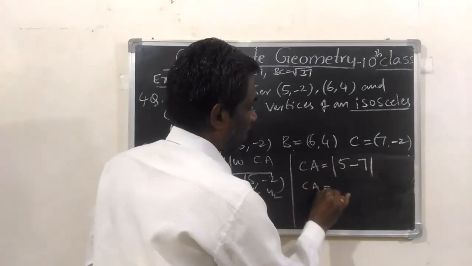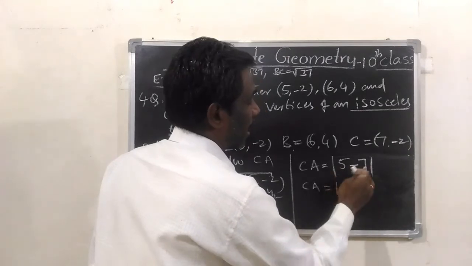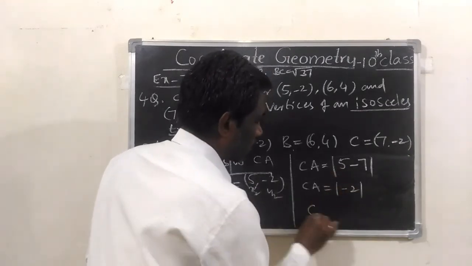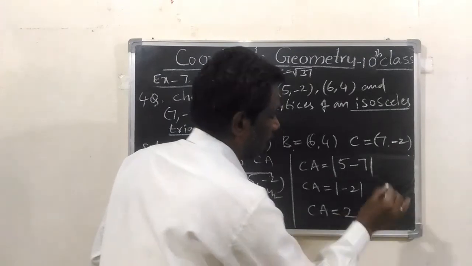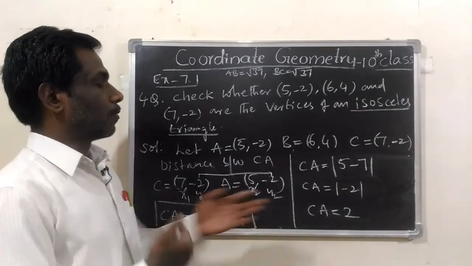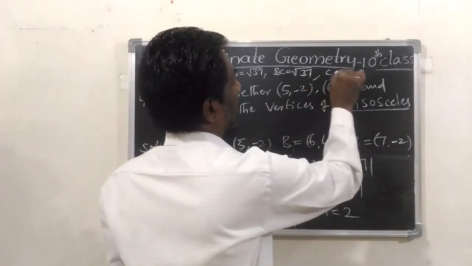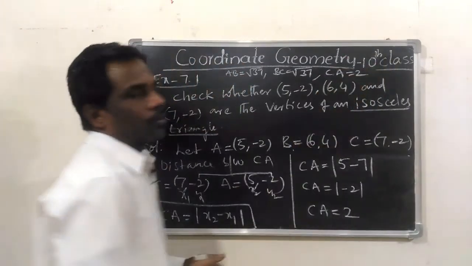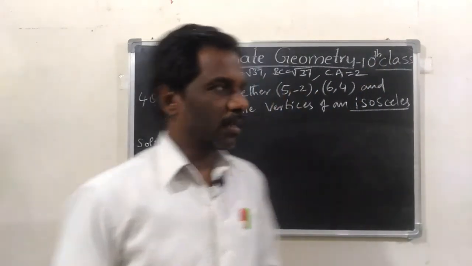So CA equals mod of 5 minus 7, which is -2. So CA equals mod of -2, which is 2. So the distance between CA is 2.